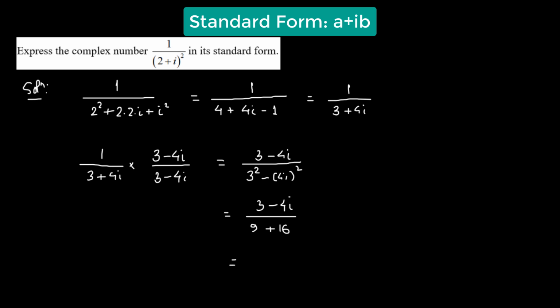Therefore, finally, we have 3 over 25 plus i times negative 4 over 25. So this is the complex number 1 over (2 plus i) whole squared expressed in the standard form. Let's do another one.